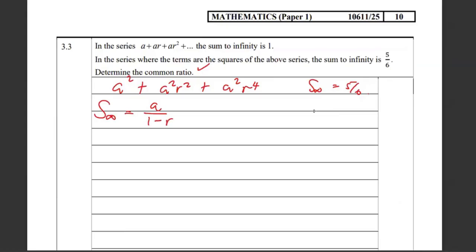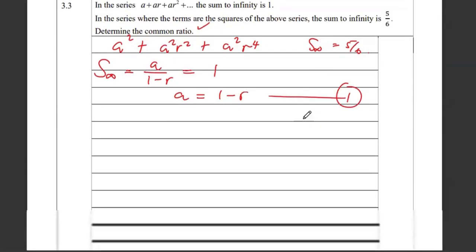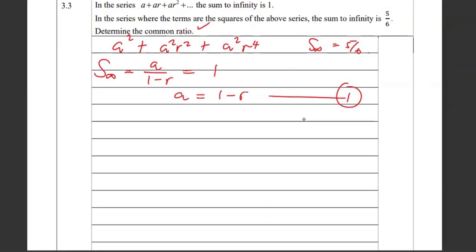So with the first part, if this is equated to 1, cross multiply, meaning that a is going to be 1 minus r. Let's call that equation number 1. And then let's apply the same formula to the second series, meaning that our a squared over, okay, what's going to be the common ratio? It's going to be r squared.